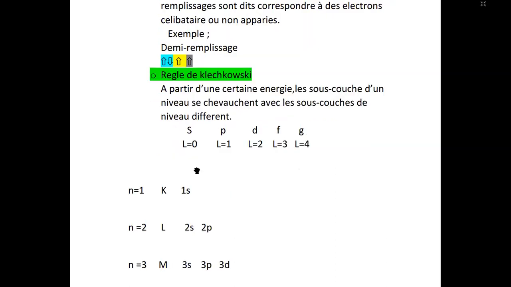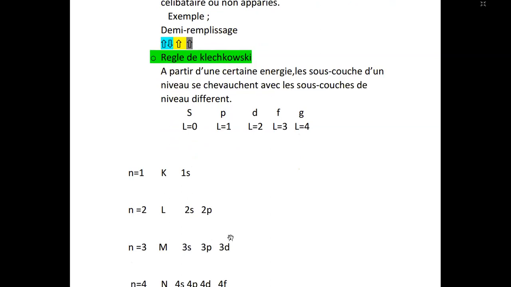What do they mean? For example, n1 is 1s, n2 is 2s, 2p. So there is overlapping. It will be 1s, 2s, 2p, then 1s, 2s, 2p, 3s, 3p, 3d. That's for n equal to 3.